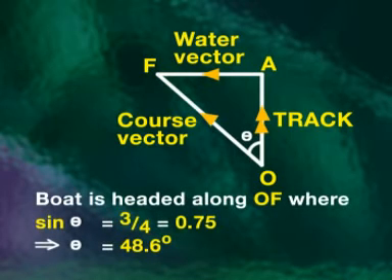The boat is headed along OF, where sine theta equals 3 divided by 4, equals 0.75. This implies theta equals 48.6 degrees.